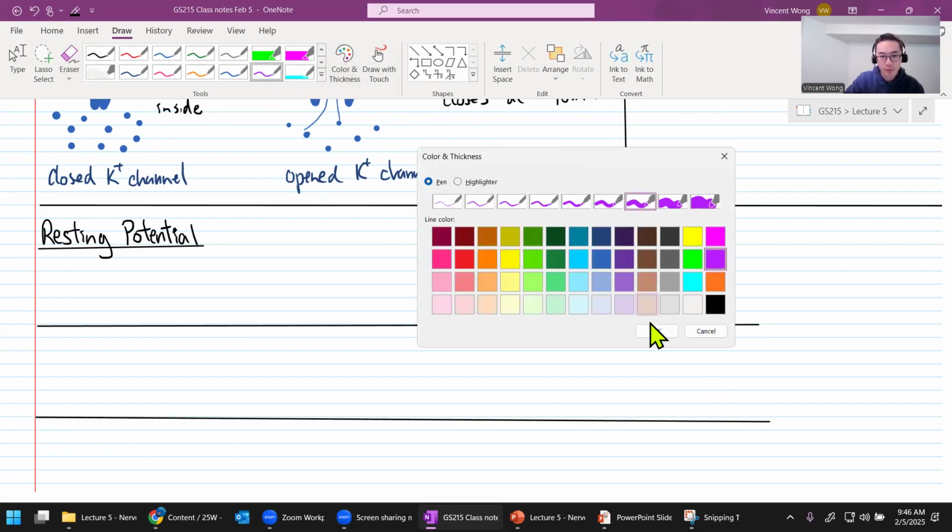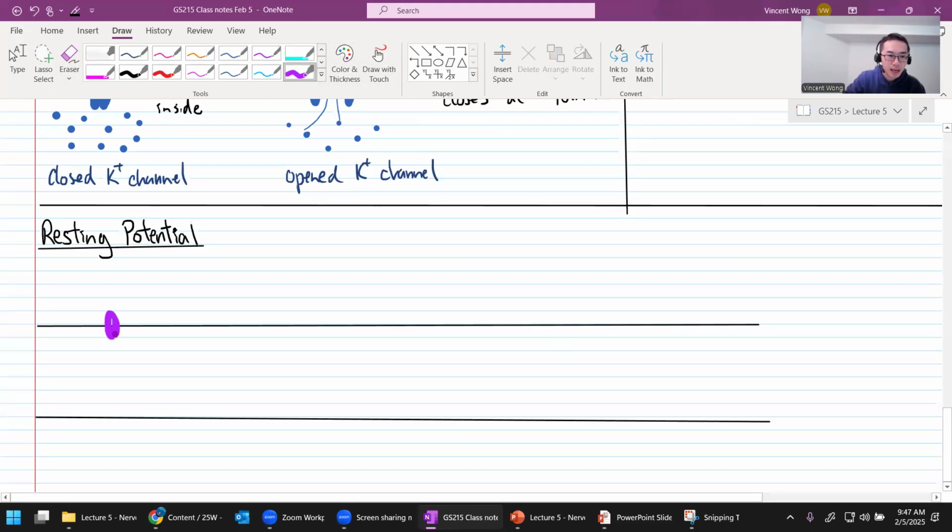Okay, with colors, please. We have these little purple ovals, and we know those are sodium potassium pumps. I'm not going to draw it for all of them, but each one is pumping 3 sodium out and 2 potassium in.